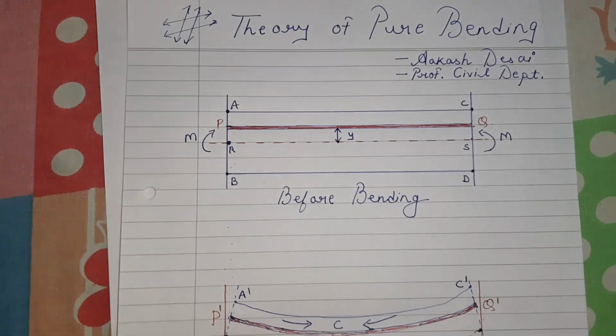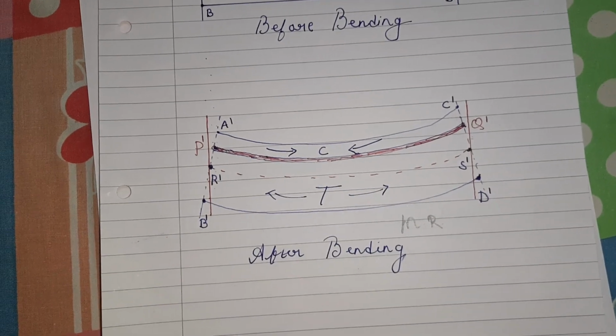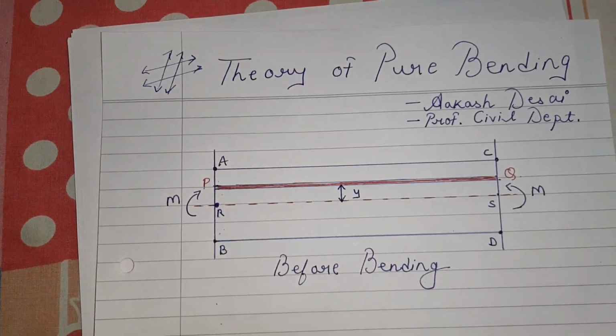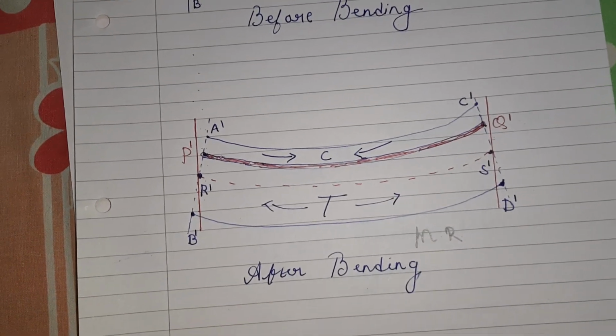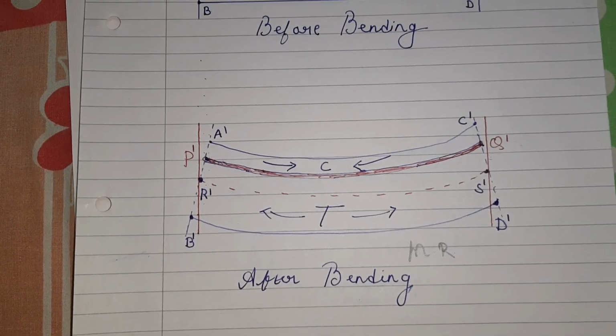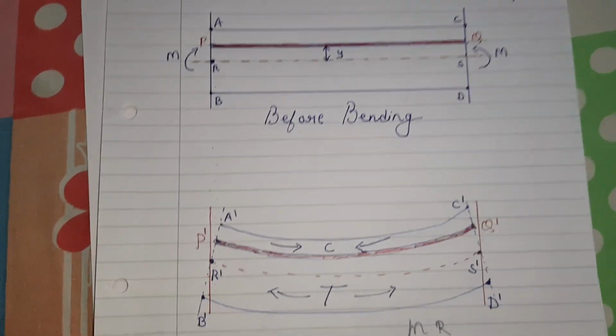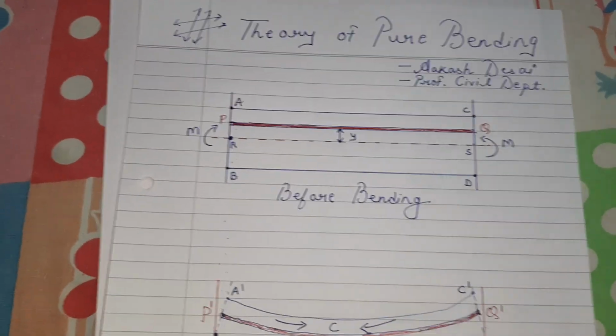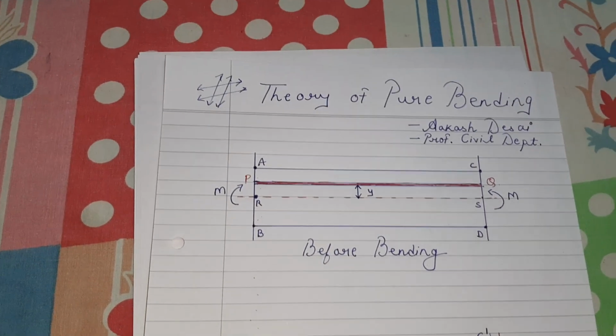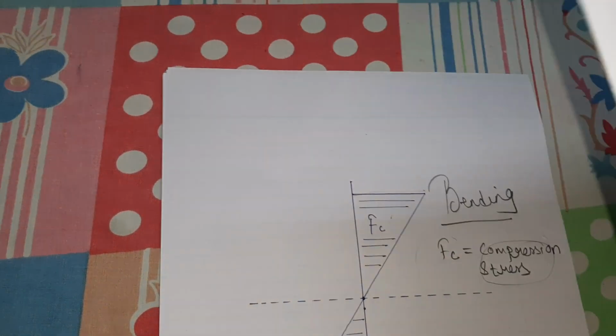So this is all about the stress distribution diagram and what the theory of pure bending is: how a beam appears before bending and how a beam appears after bending. In the next part we will study how the flexure equation is derived for pure bending.